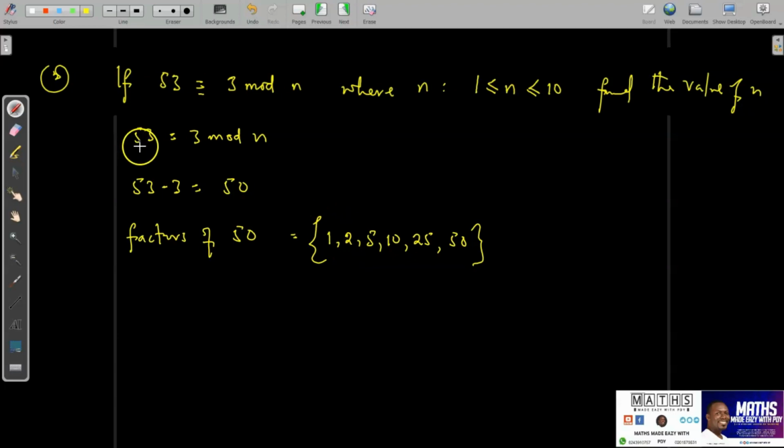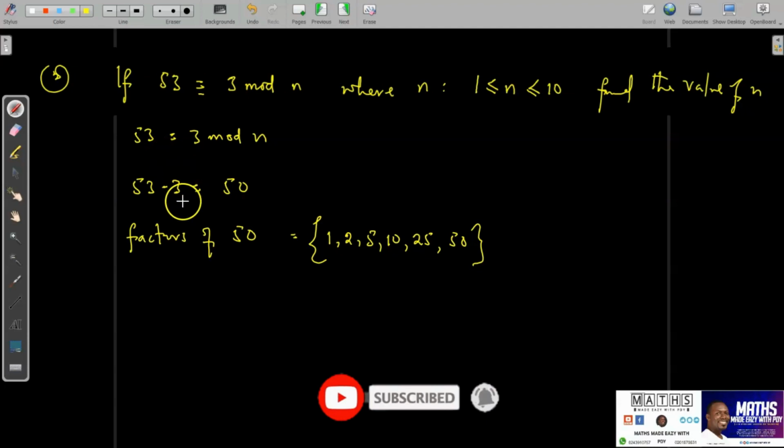If we divide it by 2, 53 divided by 2, 2 going into 53 how many times? 26 times.